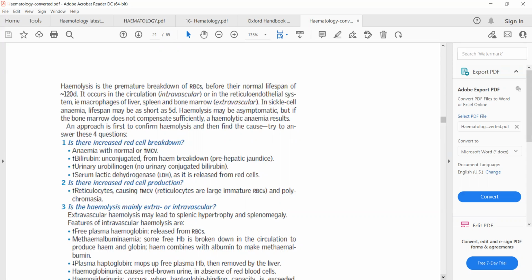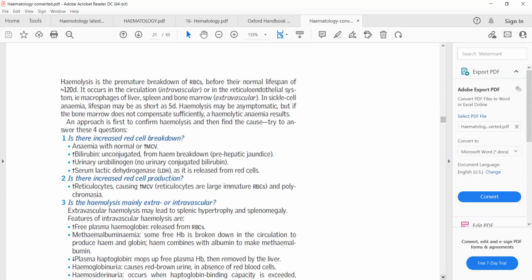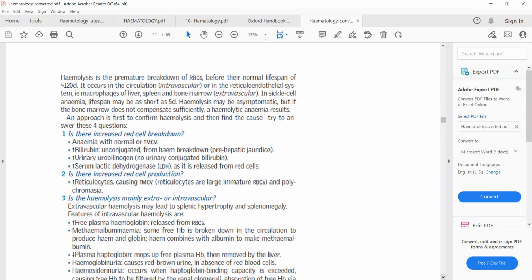Now, what are the other points to identify hemolysis? If there is a hemolysis, a breakdown of RBCs, the person will develop anemia. So the first thing for hemolysis is anemia with normal or increased MCV plus reticulocytosis.